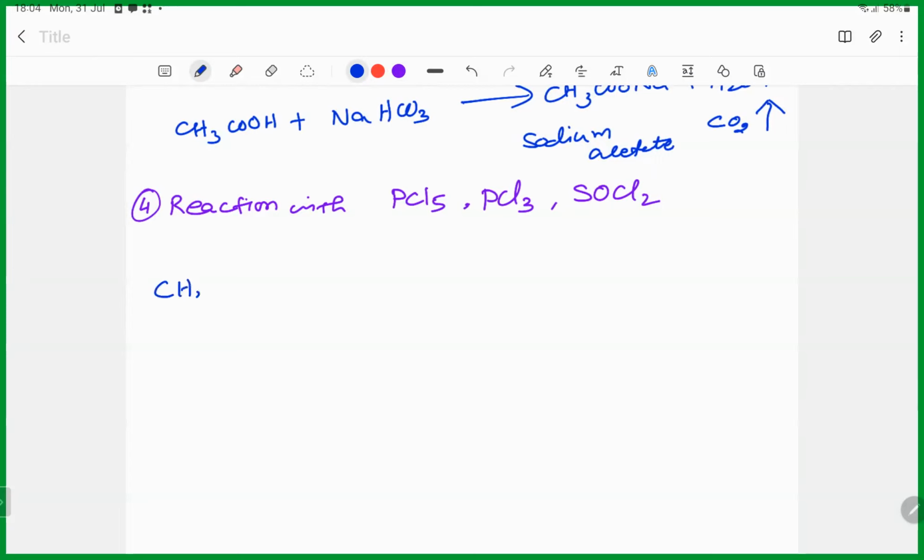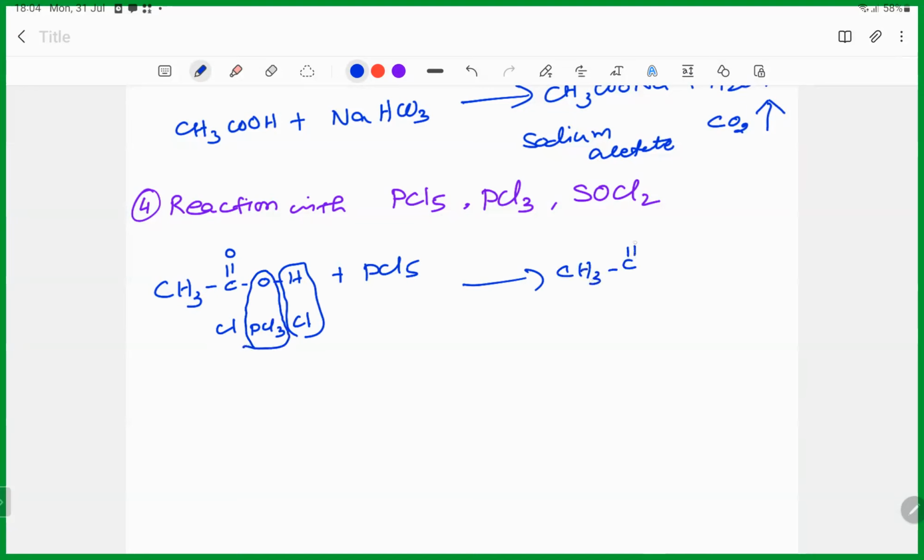When the acetic acid is treated with PCl5, write it separately so it is easy. PCl5, write as Cl PCl3 Cl, so it is easy to remember. Then what will happen? It becomes HCl, it becomes POCl3, and the remaining becomes the compound CH3COCl plus POCl3 plus HCl.